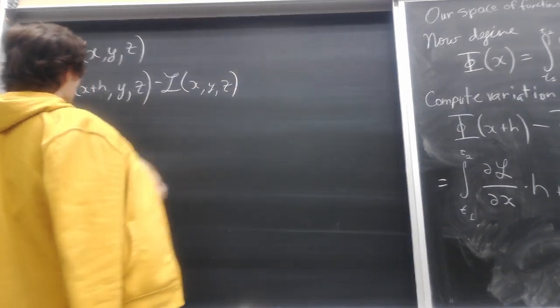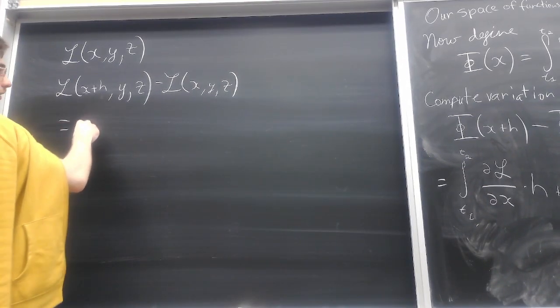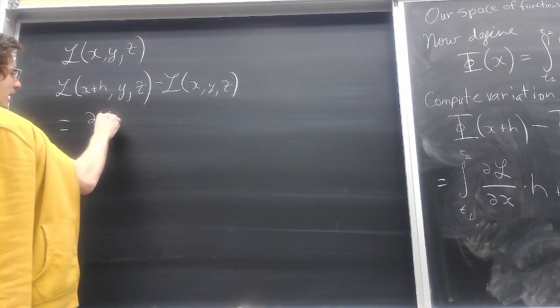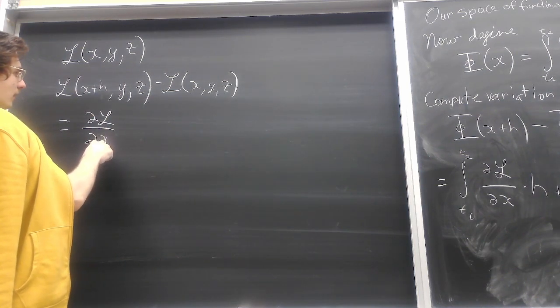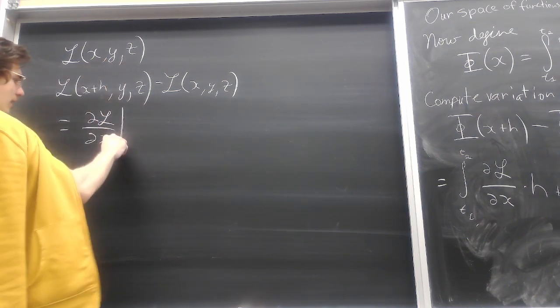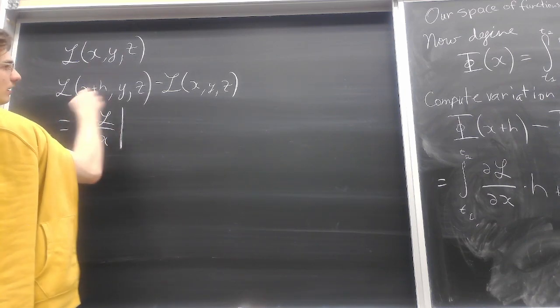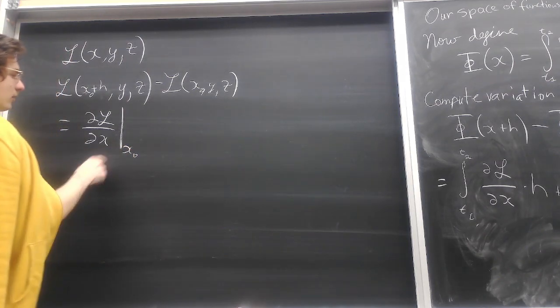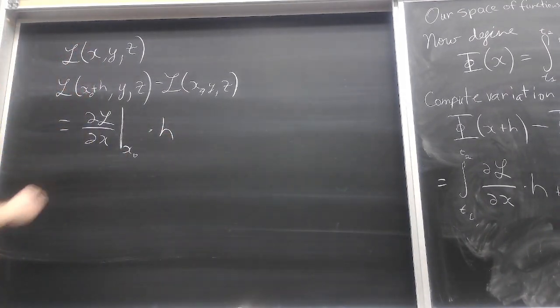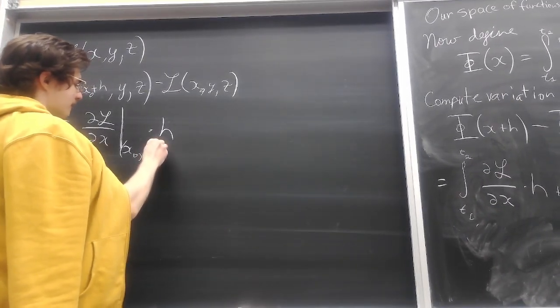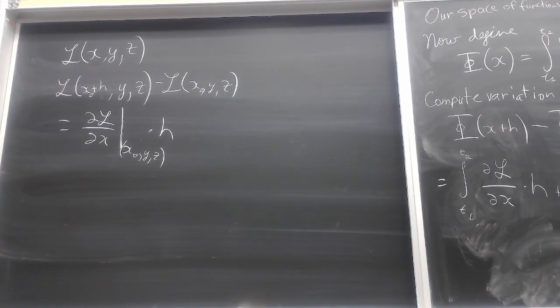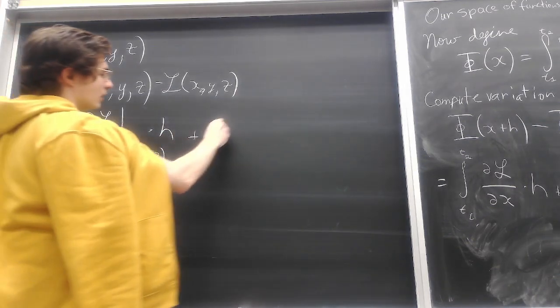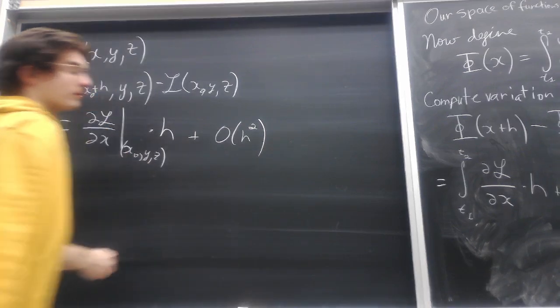Well then, to first order, this is going to be partial L, partial x, because that's just the first entry, evaluated at, let's call this, x naught, y, z, times h. Yes, we're ignoring the error term, so plus O of h squared. Do you agree?